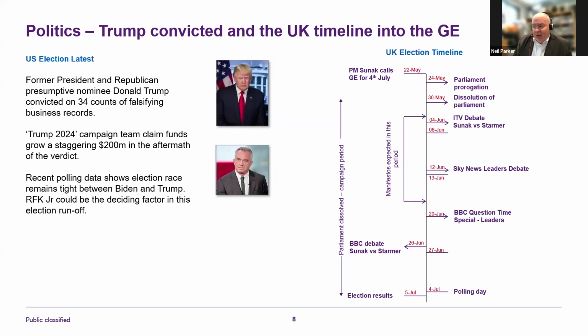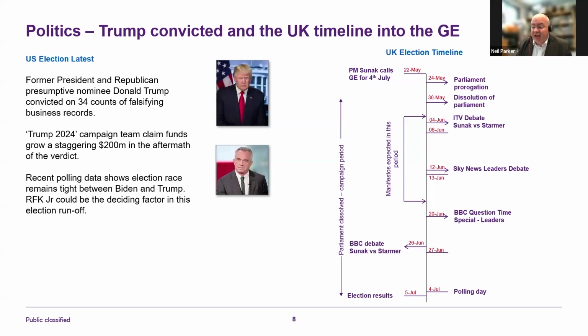In between that time, there is expected to be a Sky News leaders debate, but we've not seen yet any confirmation that will contain the likes of Rishi Sunak and Keir Starmer. You've then got other debates and other events scheduled before the polling day on the 4th of July, and we'd expect election results very late on the 4th of July and into the 5th of July.